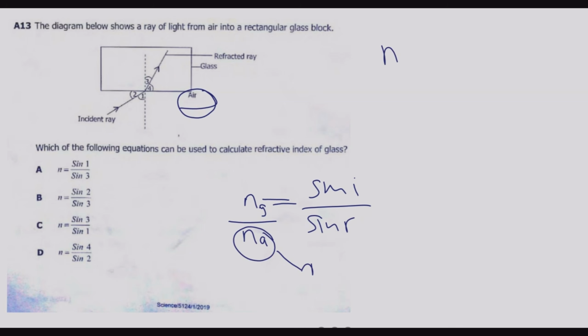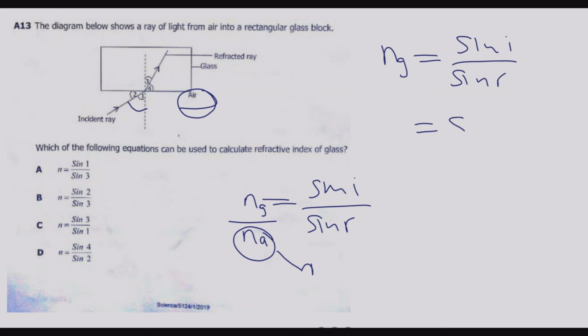The refractive index of glass equals the sine of the angle of incidence over the sine of the angle of refraction. The angle of incidence is between the incident ray and the normal, which is basically 1.